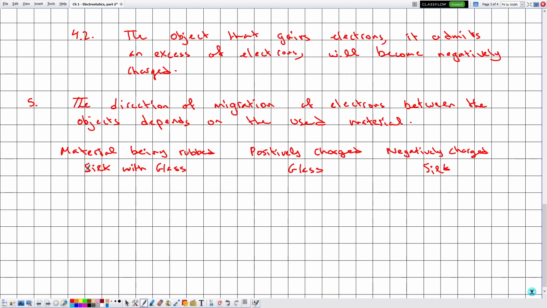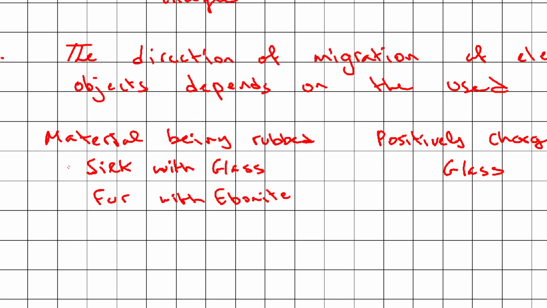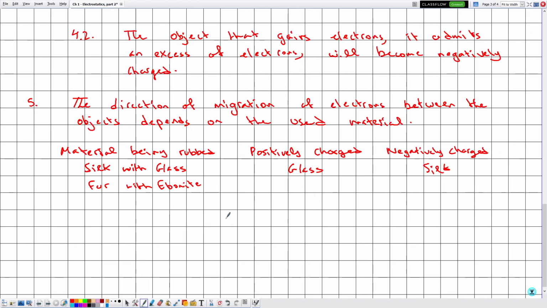Now suppose that here in this case we are rubbing fur, which is also a piece of cloth, with ebonite, and ebonite is similar to plastic, and notice that here we are rubbing always insulators with each other because recall that this method only works, or it's convenient, for insulators. Then the one which is positively charged is the fur, and the one which is negatively charged, the ebonite.